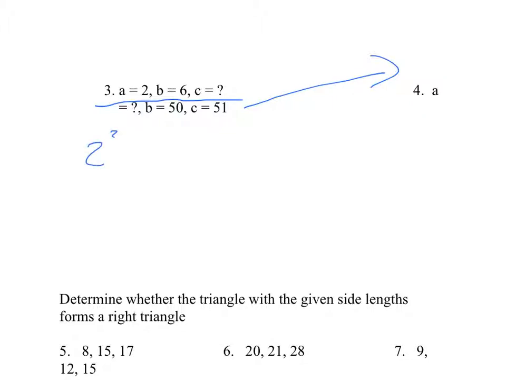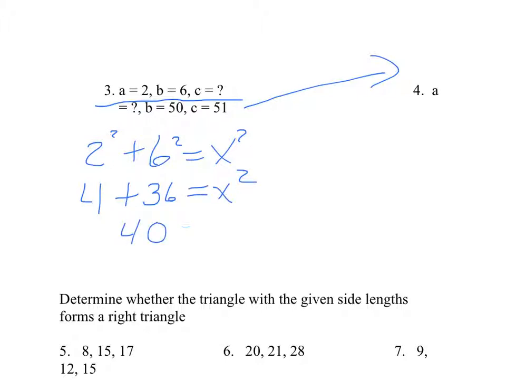So I have 2 squared plus 6 squared equals x squared, or c squared. So 4 plus 36 equals x squared. 40 equals x squared. Square root, and the square root of 40 is 6.3.